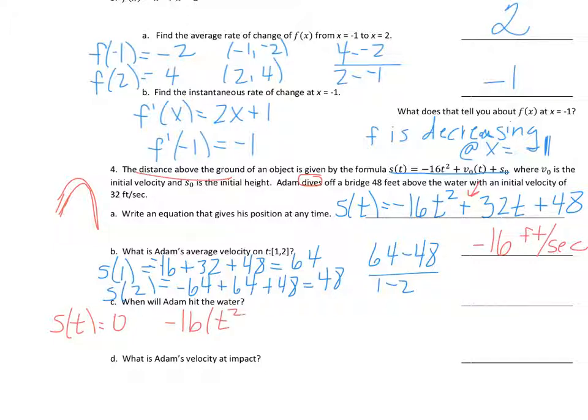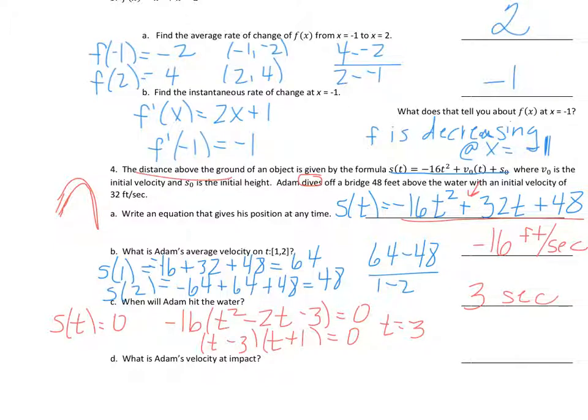That would be t squared minus 2t minus 3. I'm going to set that equal to 0. I'm going to factor this piece, which would be t minus 3 and t plus 1. And of course, the negative doesn't make sense, so he would hit the water after 3 seconds.